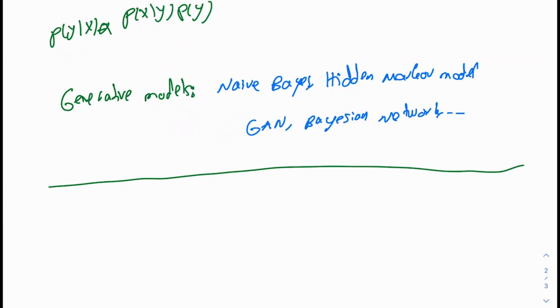So why do we use generative modeling, and why do we use discriminative? Discriminative modeling is used when you are trying to find a classification. The sole purpose is classification or prediction.